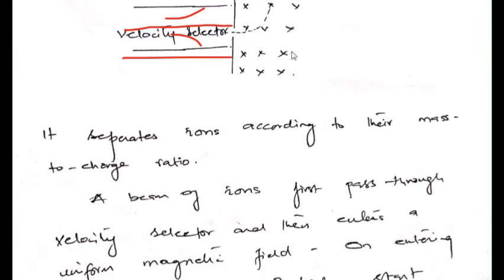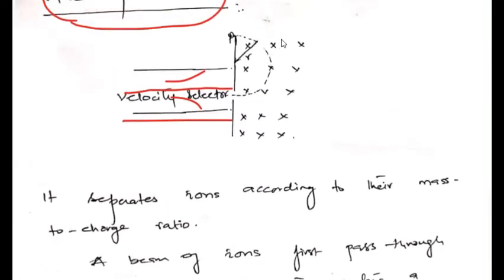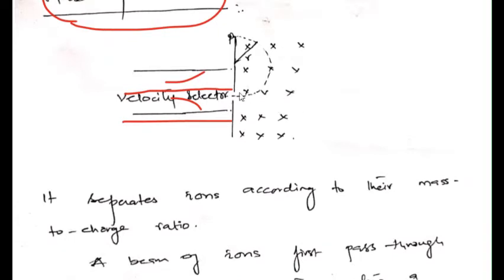Here we have a constant uniform magnetic field, and in the presence of this magnetic field, these charged particles will deviate from their original path and move in a circular path. Depending upon their mass, they will acquire their desired radius.